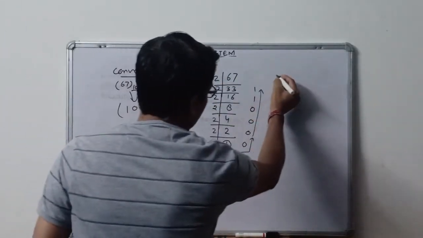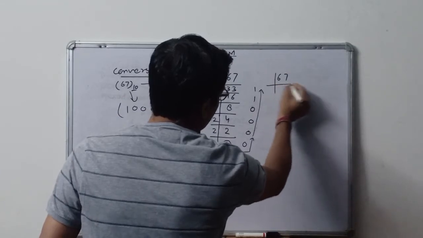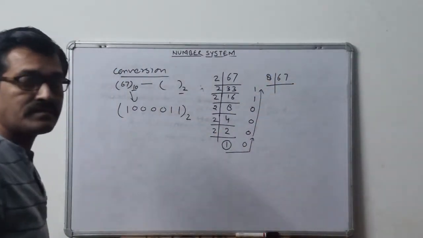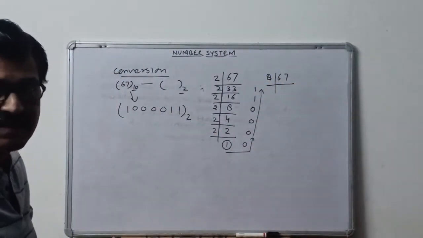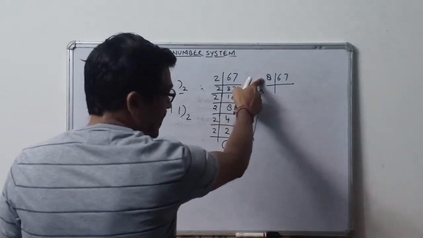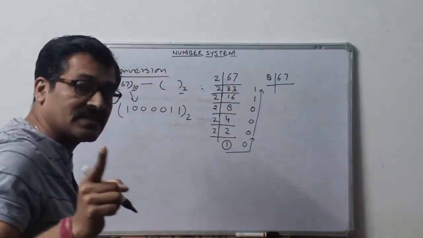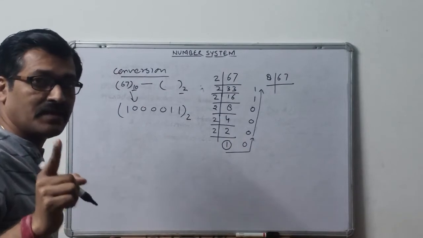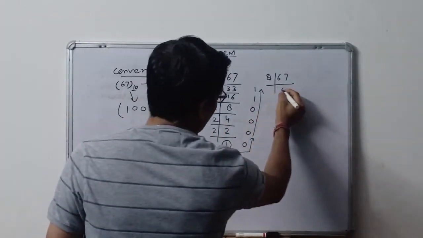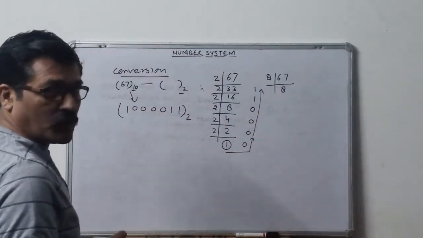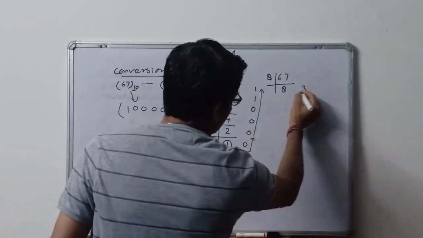The 67 now is converted into octal. The base of octal is 8. So it will be divided by 8. I told you the method, that is divide by base. 8 8s are 64. Remainder is 3.